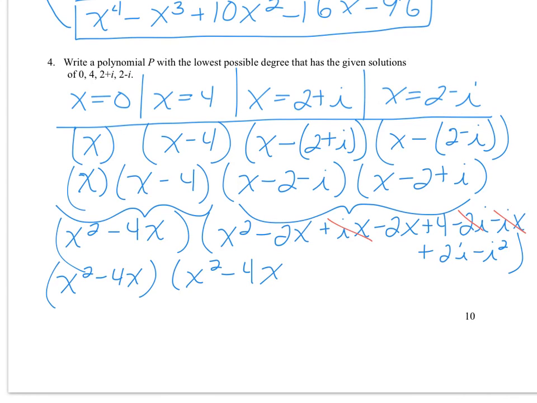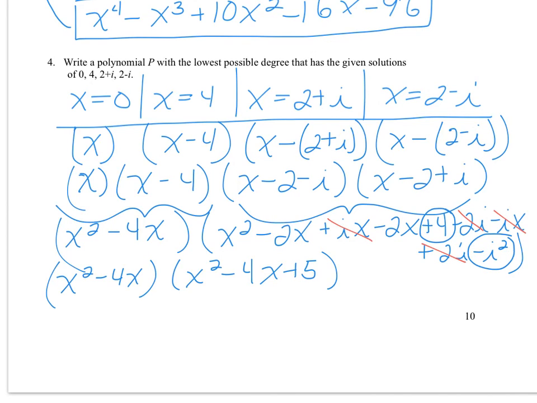That'll cancel each other out. I have a plus 4, and then I have a minus i squared. But i squared is a negative 1, so that becomes a minus negative 1, which is a plus 1. So I end up with a plus 5. Let me say that again. So this is a plus 4. This would be a minus negative 1, which is a plus 1. 4 and 1 make 5.